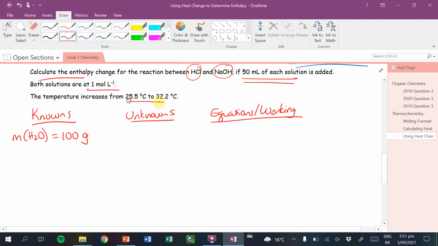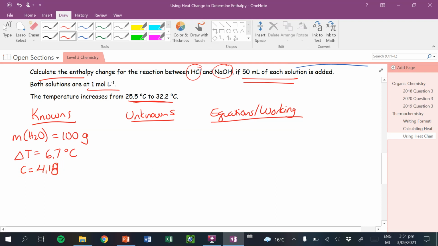The next thing is my temperature change. So I see that the temperature change from this example here is 32.2, and we subtract 25.5. So that is an exothermic reaction, and my temperature has increased by 6.7 degrees Celsius. So that's my next component there. I know that my C is that heat capacity, and that's going to be constant.